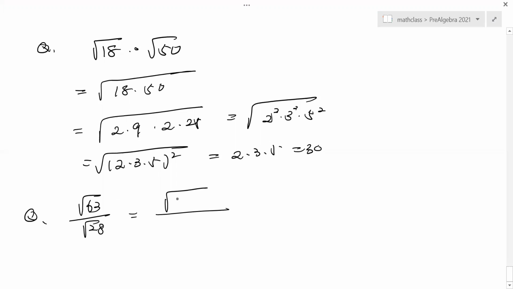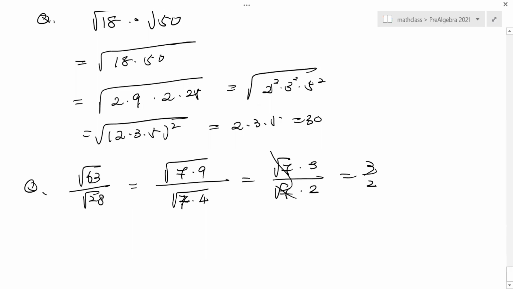So 28 is 7 times 4, and 36 is 9 times 4, right? The square root of 9 is 3, the square root of 4 is 2, and the square root of 7 cancels out, giving 3 over 2. You can simplify the numerator and denominator first, then cancel the common factor.